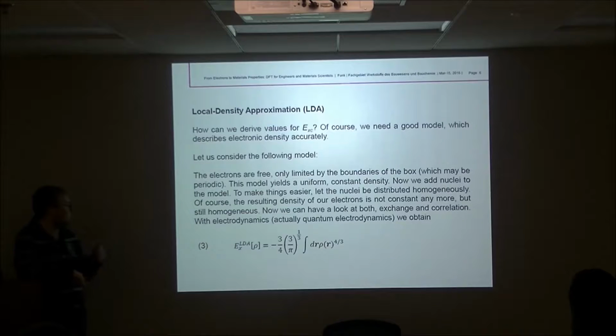Now we add some nuclei to the model, and to take things easier, let them be distributed homogeneously. Even more, let them be all of the same kind. Then what our electrons experience is a force from some kind of periodic potential, right?